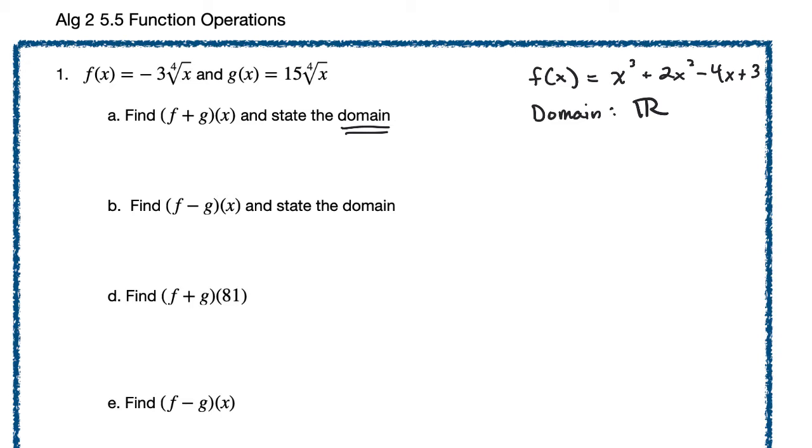Then the other one that we're going to see quite a bit of is square root functions. Now in a square root function, you cannot square root anything that's negative. Okay, this not only goes for square roots, it also goes for fourth roots and sixth roots. Even roots of negative numbers are not possible.